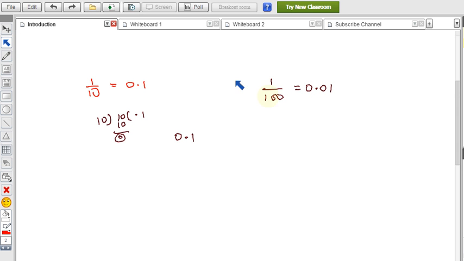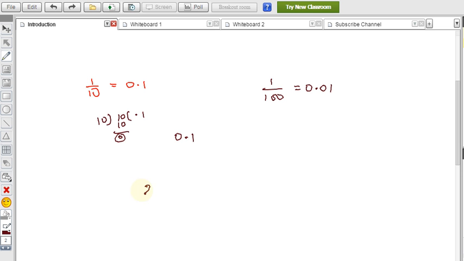If any fraction has a denominator of 10, 100, 1000, like these multiples of ten, where only zeros are there except the one, then the number of zeros tells you how many digits should be after the point. Here there are two zeros, so the point should move 2 steps backwards.